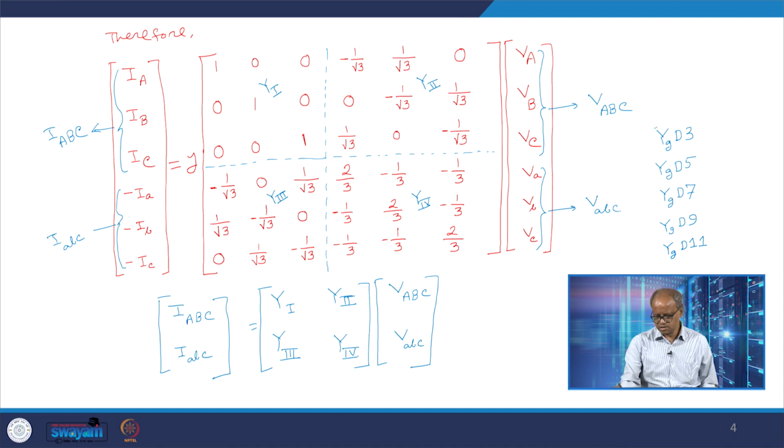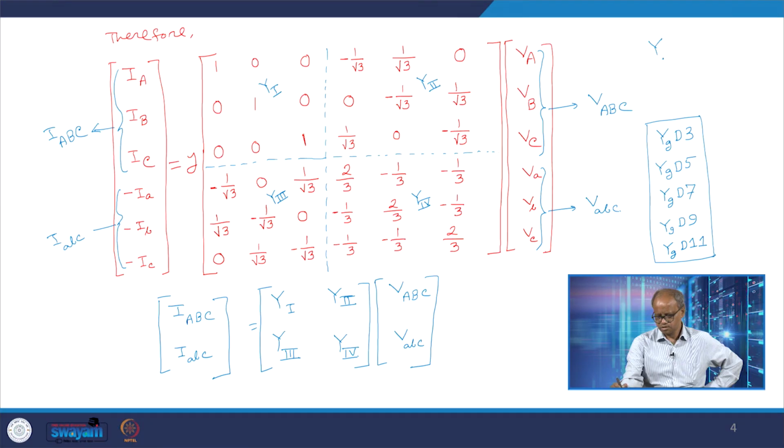So I suggest you derive these matrices by yourself. It would be real fun, so you should also have some fun. So by this we complete the modeling of YgD matrices or rather YgD transformers.